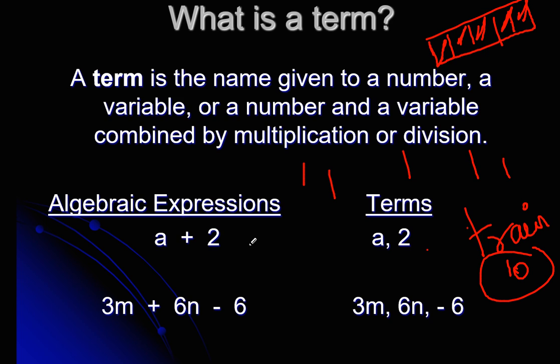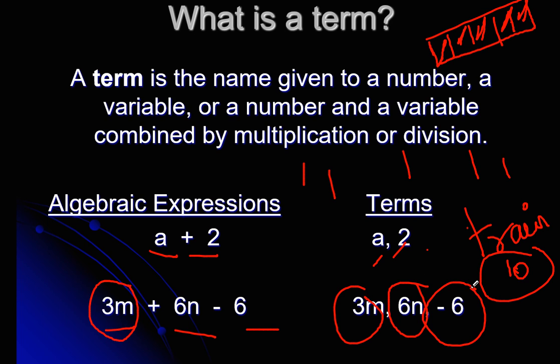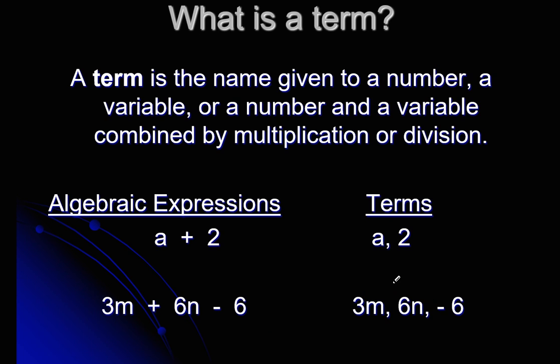In the algebraic expression a plus 2, a and 2 are two different terms. In the next expression, 3m plus 6n minus 6, 3m is one term, 6n is another term, and minus 6 is another term. Why minus 6? Let me explain again.